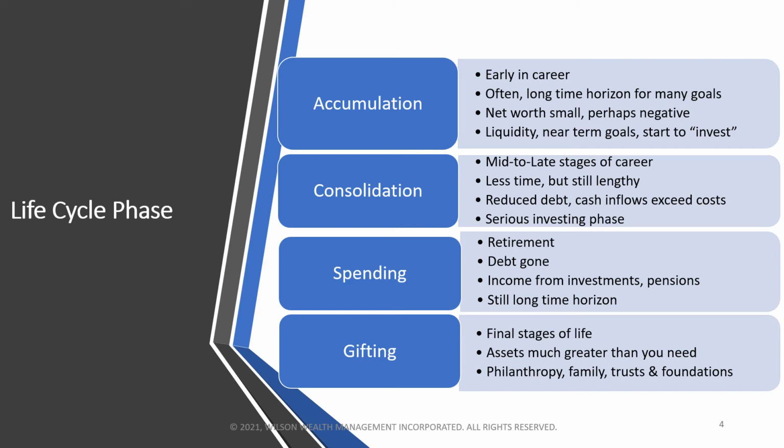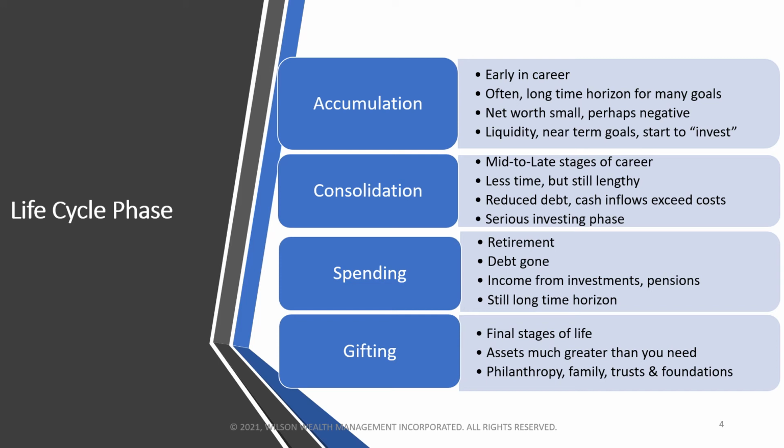In the mid to late stages of your career, for your typical person, let's say that's 40 to 50, consolidation. There's less time until retirement, but it's still quite lengthy. If you're 40, still 25 years until 65. Your debt load's been reduced, probably properly managed.